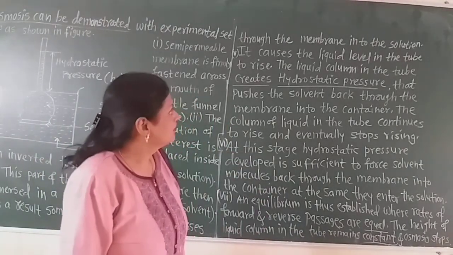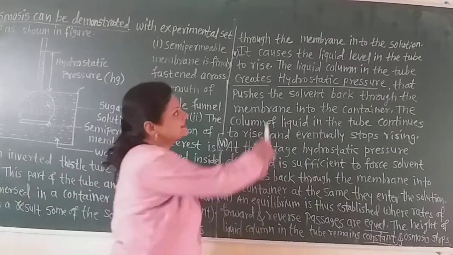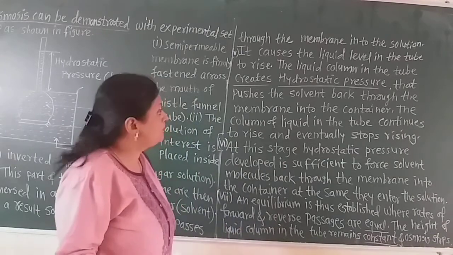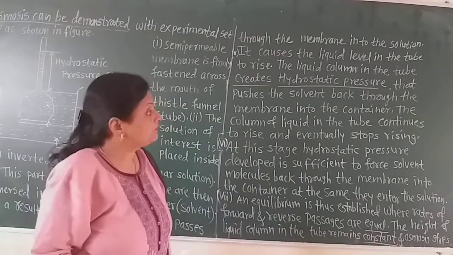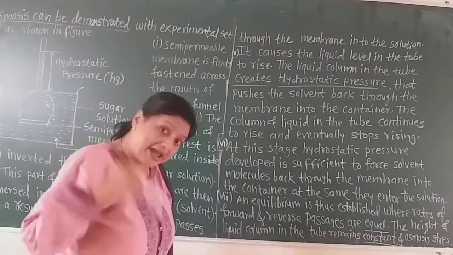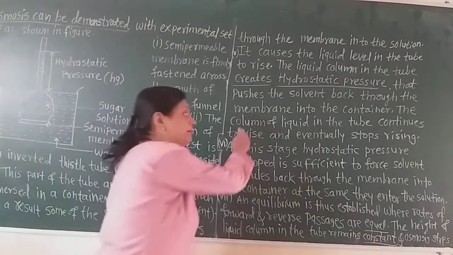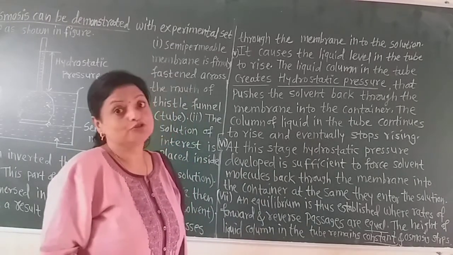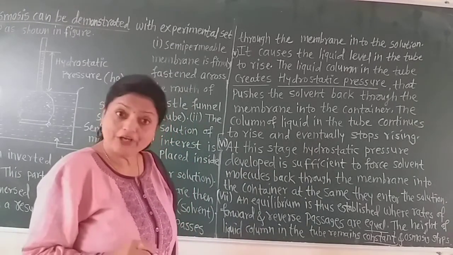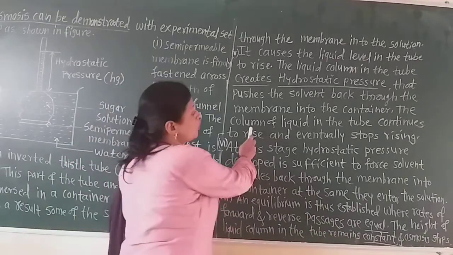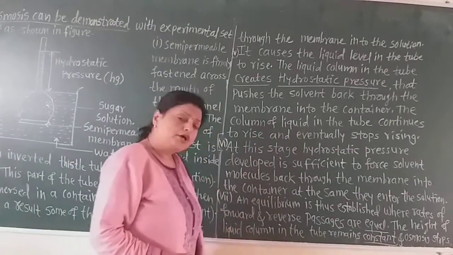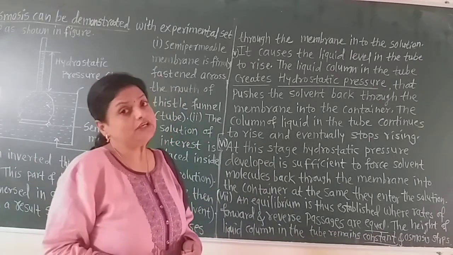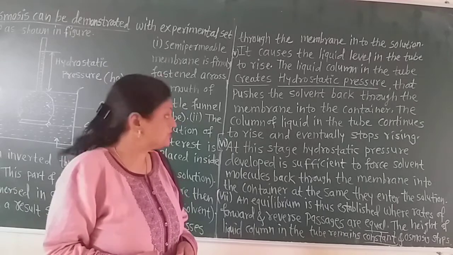Now see here, it causes the liquid level in the tube to rise and the liquid column in the tube creates hydrostatic pressure and that pushes the solvent back through the membrane into the container again, that is, from solution to solvent again. And the column of liquid in the tube continues to rise and rise. And eventually one stage comes there.